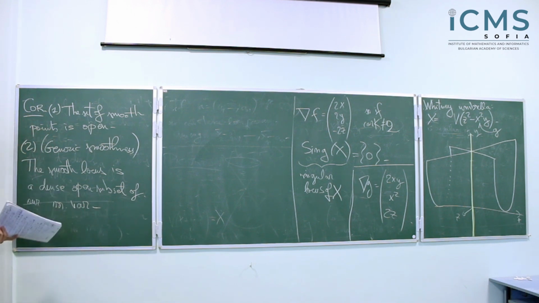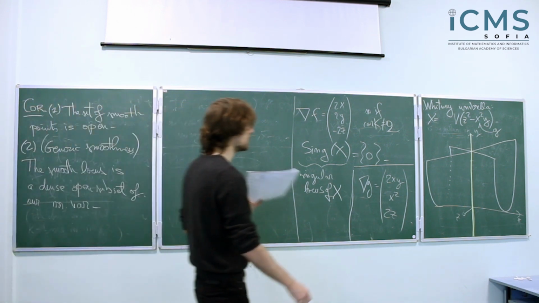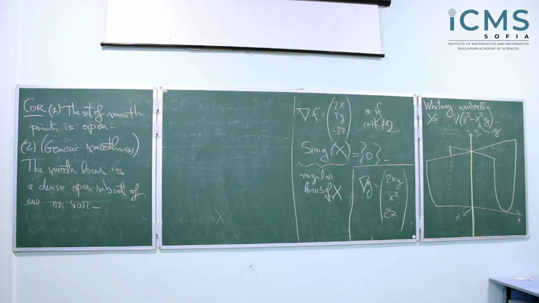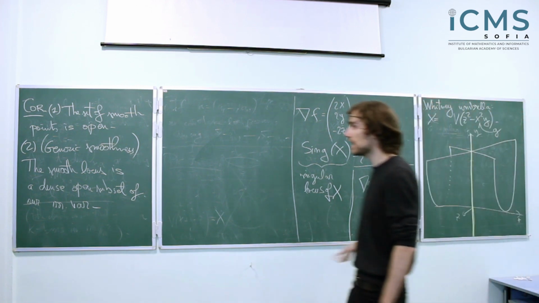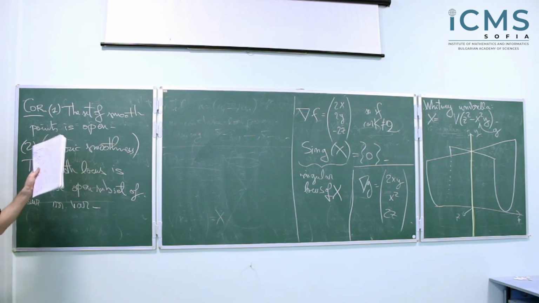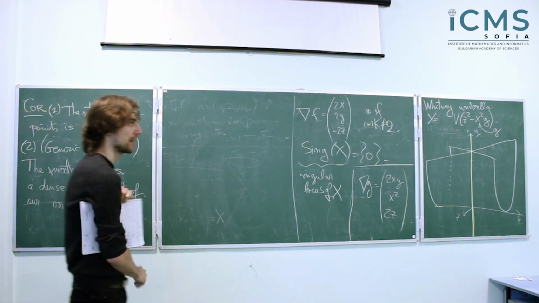Now this is a little bit more difficult to prove, but you can see it in all the pictures we did. Here we have a line and the surface is two-dimensional, and if we take out the line, we still have something which is dense, right? So this amounts to saying that the smooth locus is not empty.